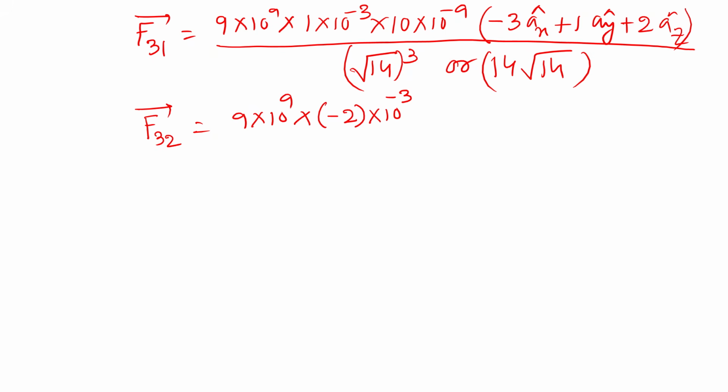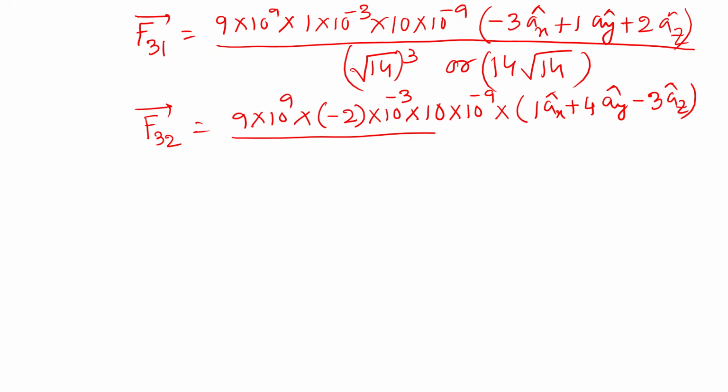Then it will be the Q3 charge whose value was 10 nanocoulomb, so I'll again write 10 into 10 to the power minus 9, multiplied by the R32 vector, which we have obtained as 1ax cap plus 4ay cap and minus 3az cap.